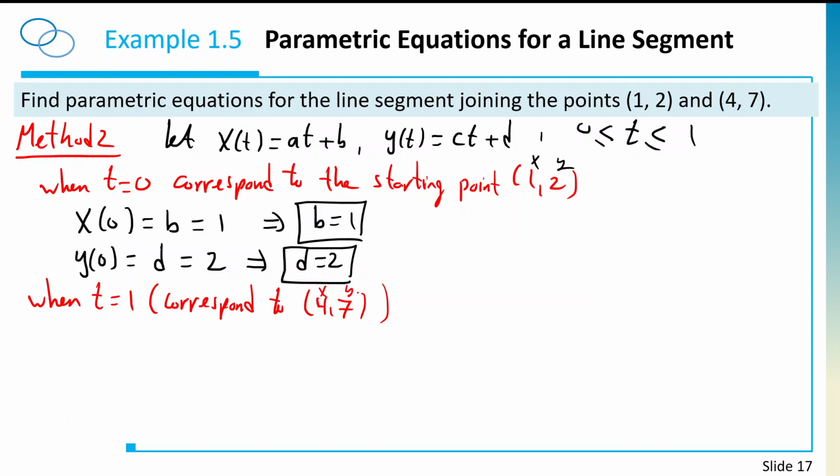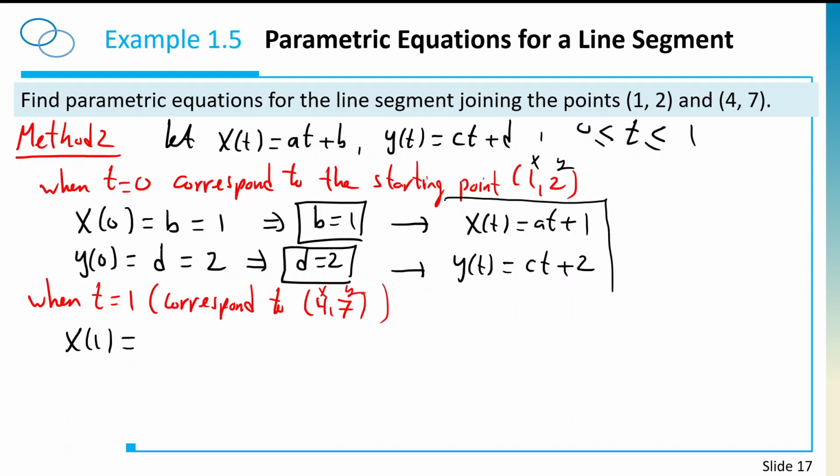Remember, this is x, this is y. We'll do the same thing. So x of 1 equals, you come there, x of 1. Now remember, what do we have now? Our new values, we know b. So x of t equals at plus 1. From here, we know that y of t equals ct plus 2.